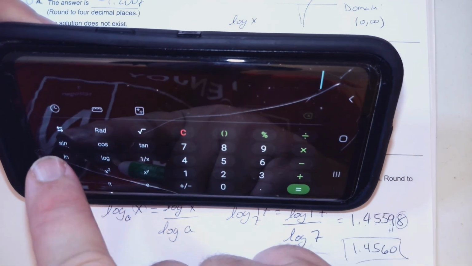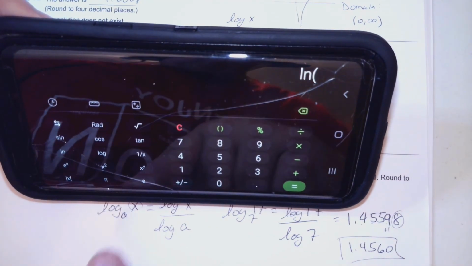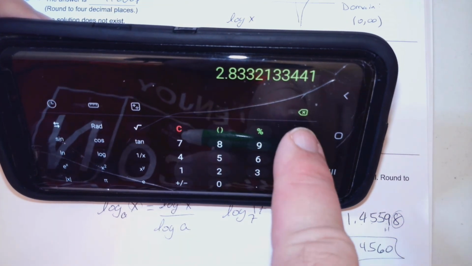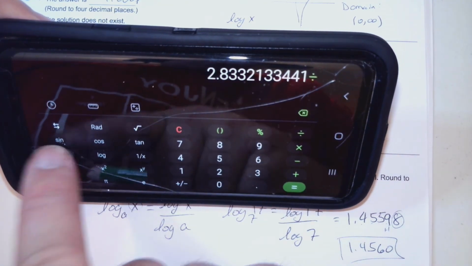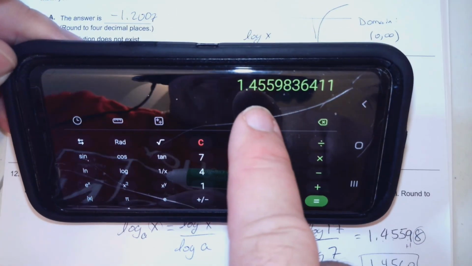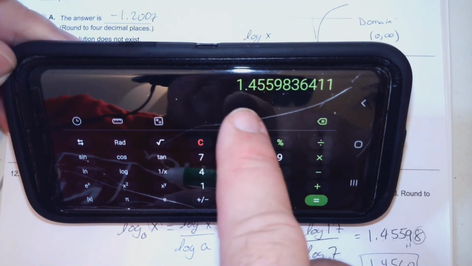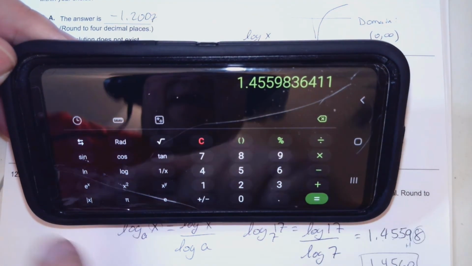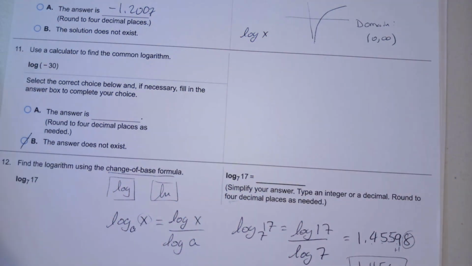So we have ln of 17 divided by ln of 7. 1.4560. So again, it doesn't matter which, because it's the ratio that matters. All right, good luck everybody.